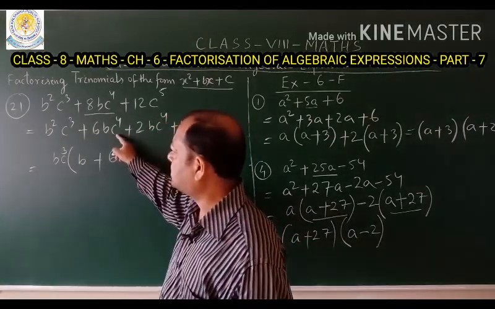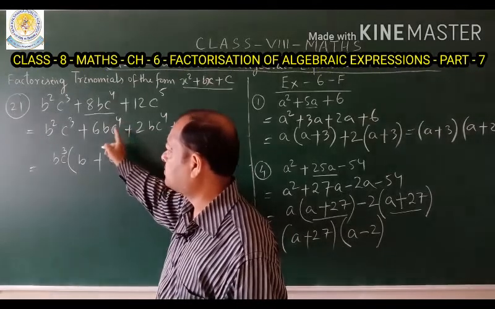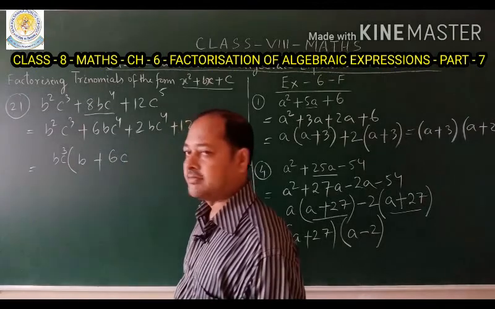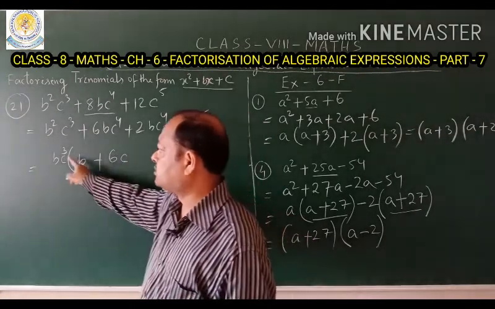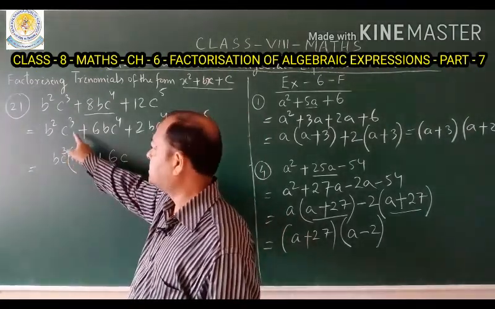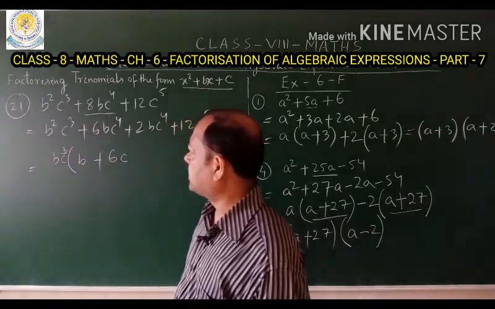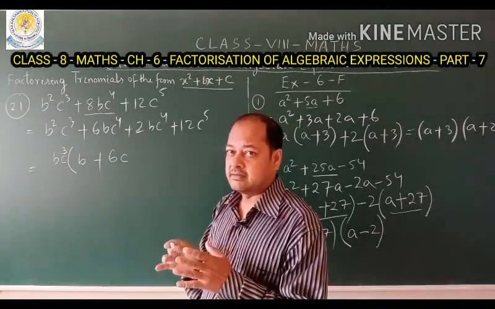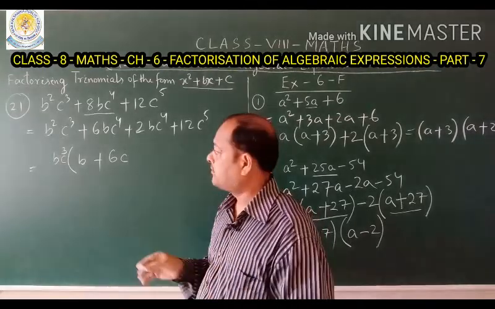So what is left here? c to the power 4, but c to the power 3 is already taken as common, so c is left, because c into c to the power 3 will be c to the power 4. As you know, if the base is the same, the powers will be added. In the last video I already told this.